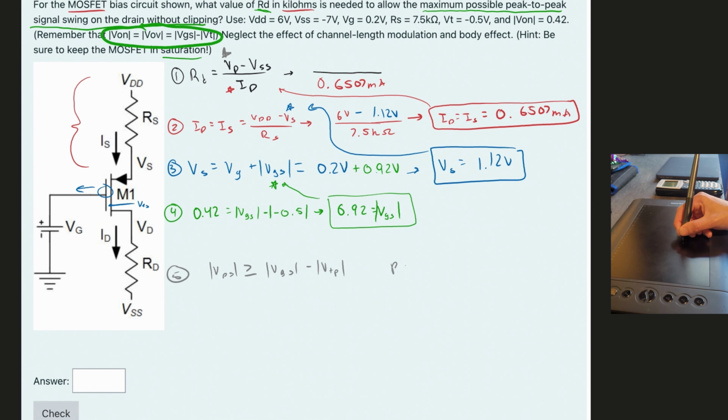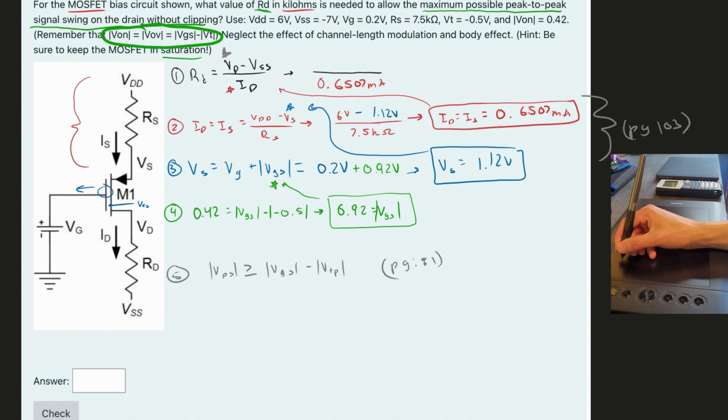So if you look at page 81 for this one, and then for these ones, we have page 103, and that would give us these equations right here. So now with this, we can keep looking forward. Notice how we have a VDS and a VGS on both sides. Well, we can cancel out the S part because really it's just VD minus the VS and then our VG minus the VS. So we don't need those.